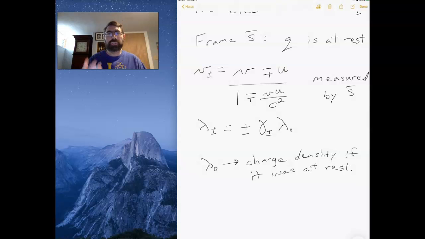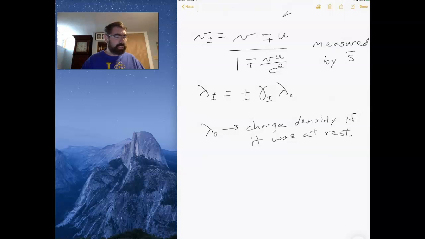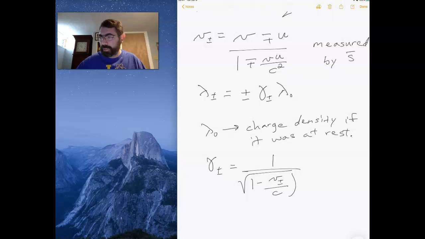If you were one of the positive charges in the line density, from your perspective all your neighbor charges in this line density are not moving, and so you would measure the charge density to be lambda naught. Now the gamma factor, gamma plus minus, would just be the usual gamma factor, 1 over the square root of 1 minus the velocity plus minus divided by c quantity squared.